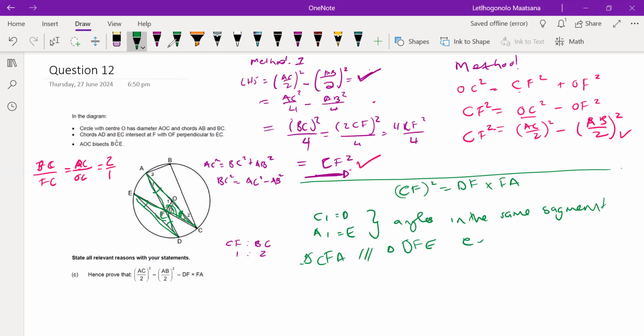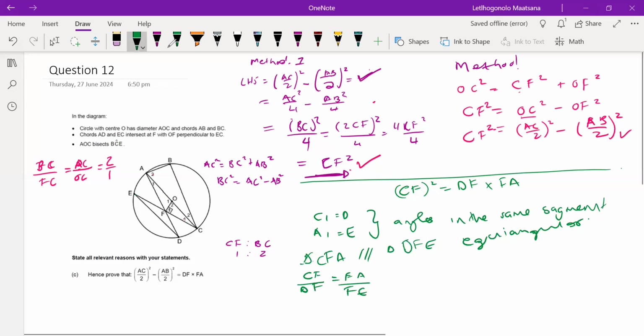So they are equiangular. It means that in terms of ratios, CF over DF is equal to FA over FE. But let's look at this: EC is a chord, and a line from the center that is perpendicular to it bisects it, meaning that this must be equal to this according to the theorem.